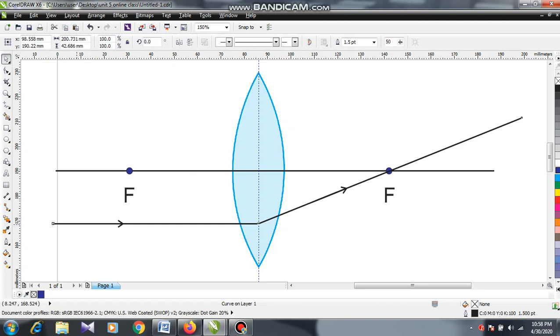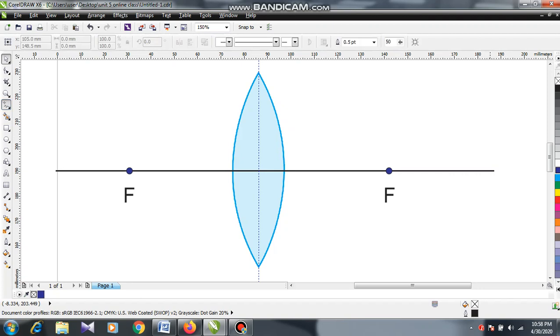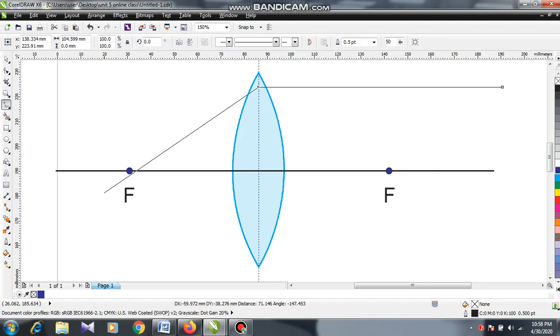Suppose the light rays are coming from the right side, let's think in this manner. The light rays are coming from this side. Now it will be refracted through this focal point. You have to correctly draw the arrows.